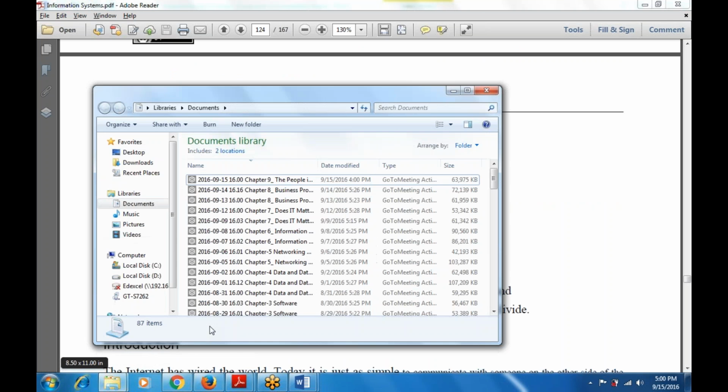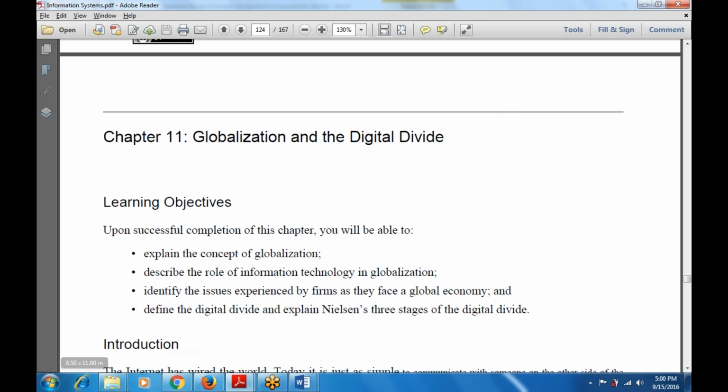Next chapter is chapter number 11, globalization and the digital divide. That is, what is globalization and what is the digital divide. That means how to use IT, digital technology, in day-to-day scenarios in organizations, and how it will help. Last chapter I have done very quickly, because these are concepts that we already studied in the last module.